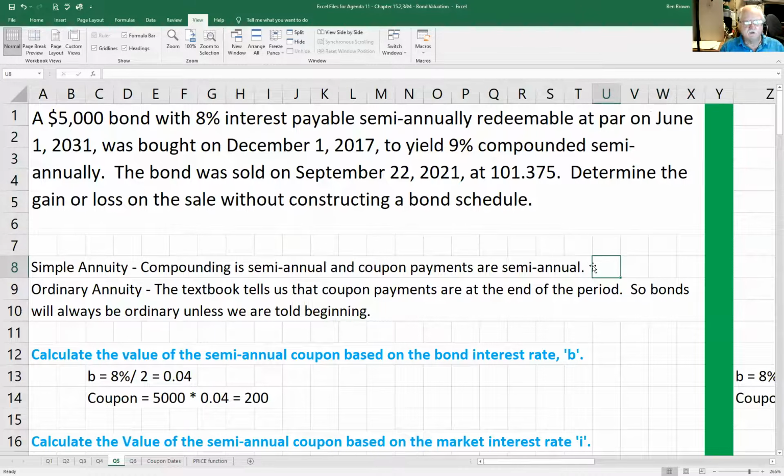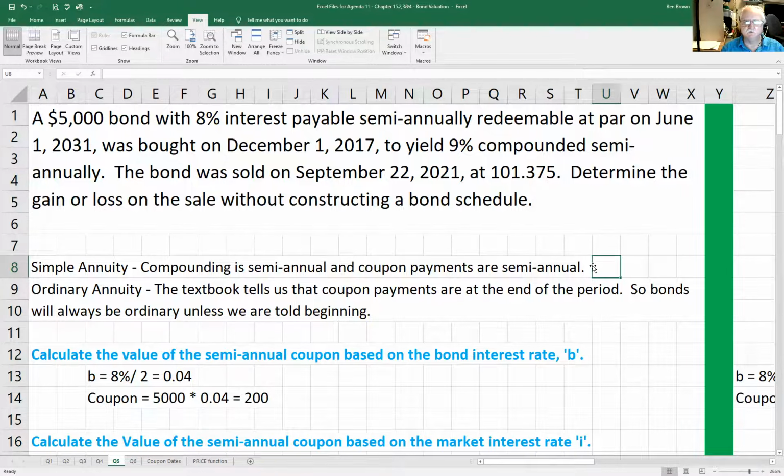So a $5,000 bond with 8% interest, payable semi-annually, redeemable at par, on June 1st, 2031, was bought on December 1st, 2017, to yield 9%. So the market interest rate has gone up.